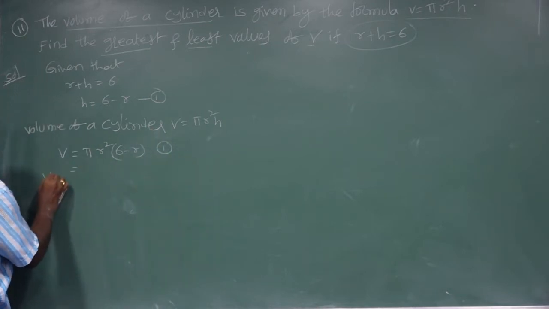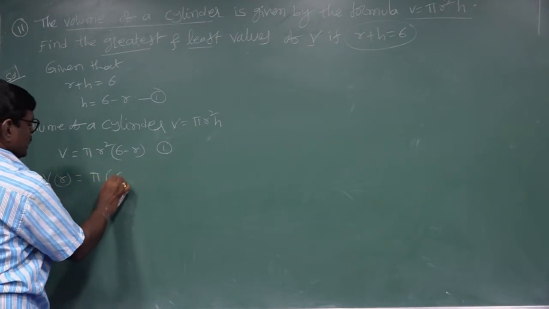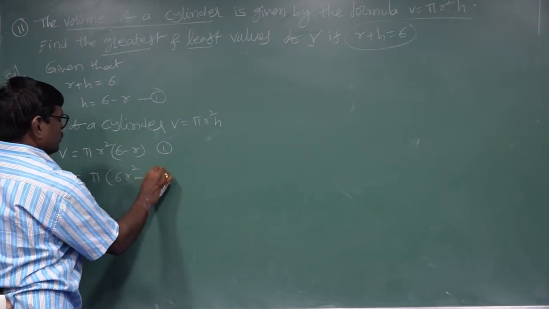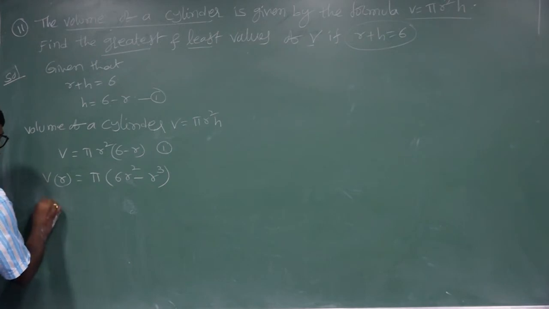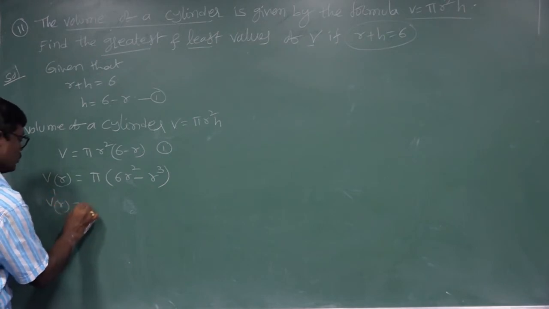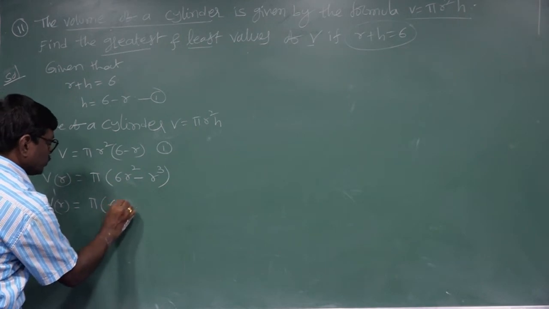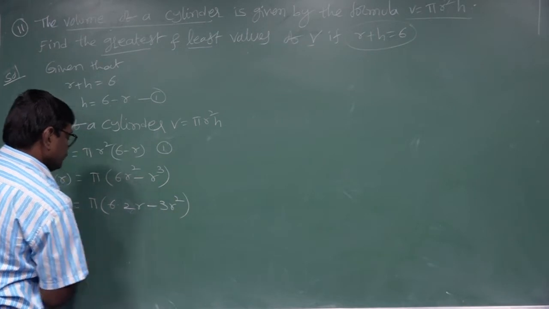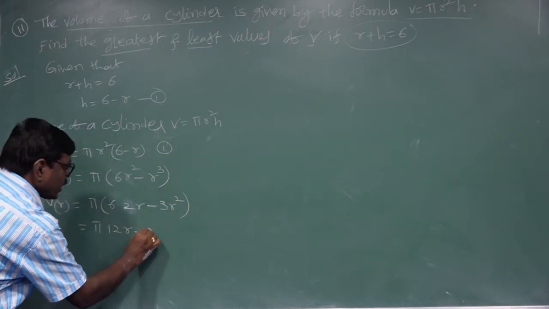Let V(r) equal to pi into 6r square minus r cube. Differentiating with respect to r, V dash r equals pi into 12r minus 3r square.